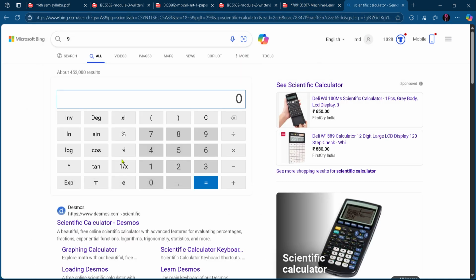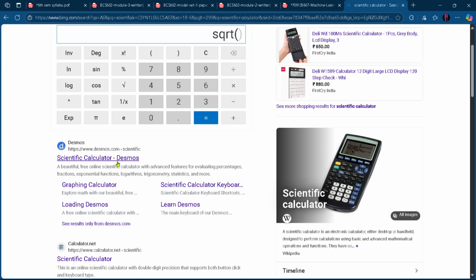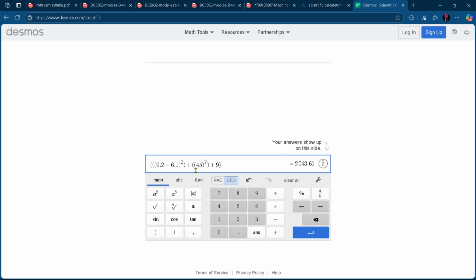Square root of this. See, 45.2063. You have to remember the bracket starts here, so this whole thing is one bracket.